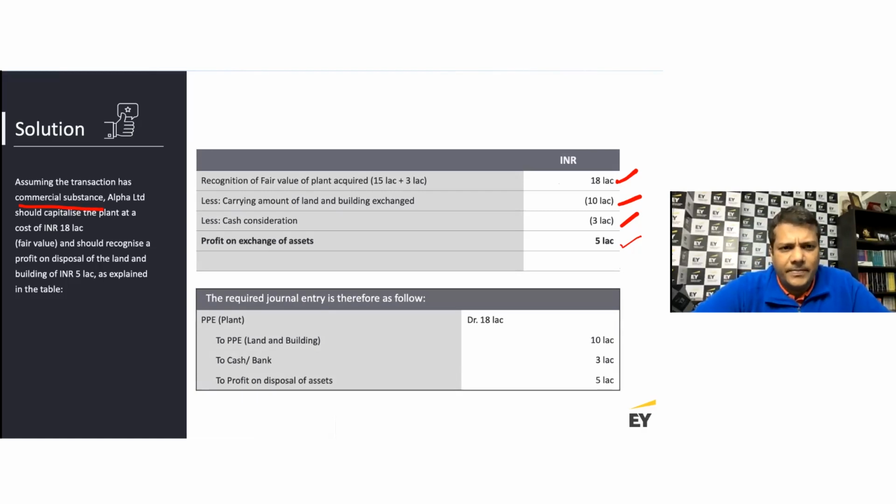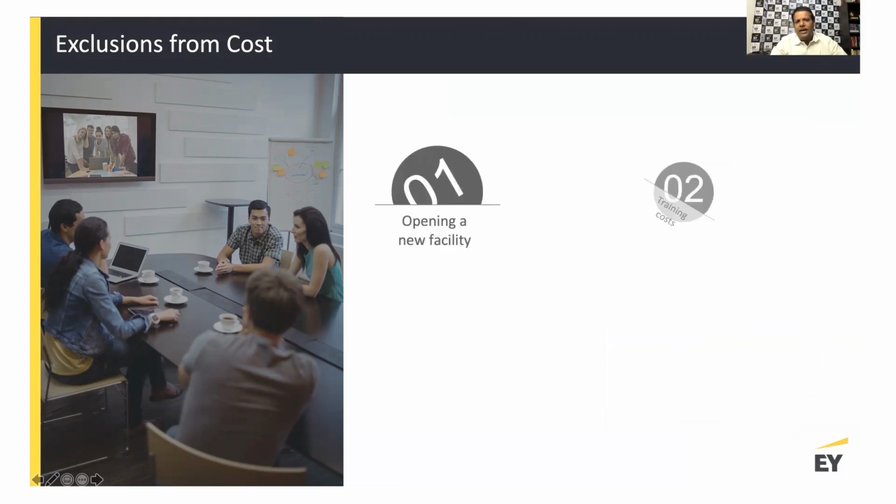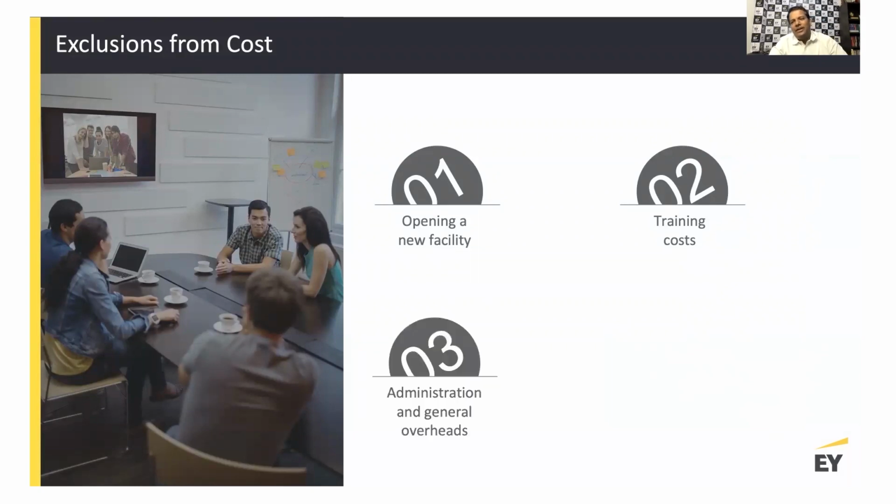Now there are certain elements of cost which are not eligible for capitalization. In this example we will also try to understand what is eligible for capitalization and what is not. The cost incurred in opening a new facility, ribbon cutting charges, is generally not eligible to be capitalized.